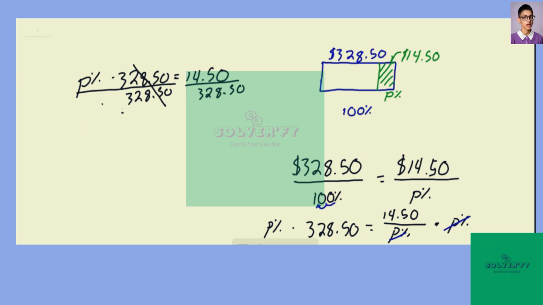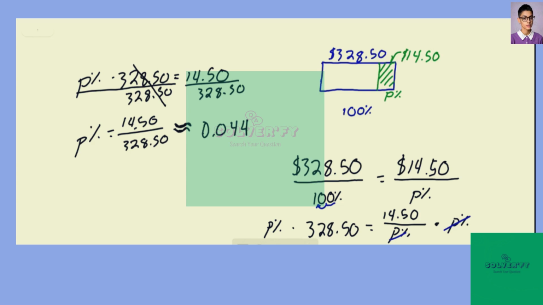And on the right-hand side, I'm going to be left with 14.50 divided by 328.50. So p% equals 14.50 divided by 328.50. I could throw that into my calculator, and if I do that, I'm going to get 0.044 just about. And I am rounding, so whenever I round, I like to change this equal sign into an approximately equal sign.